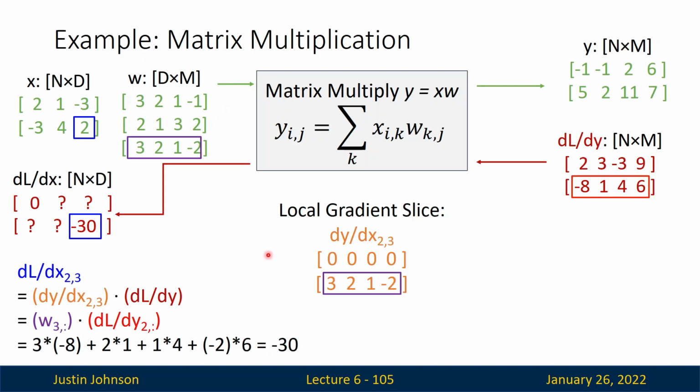You can see for this element, all of the values in the first row are 0, because for x23, is there any term in y that has x23? Yes, there is, but only this column is missed from the W matrix, the third row.